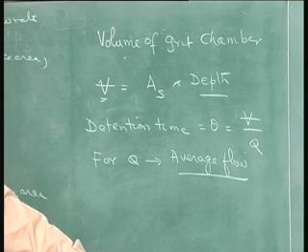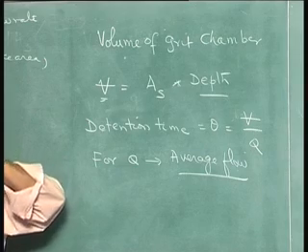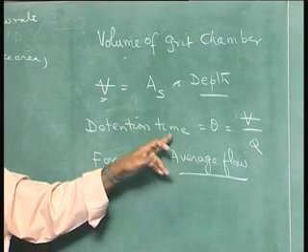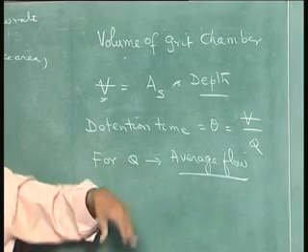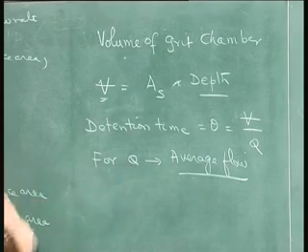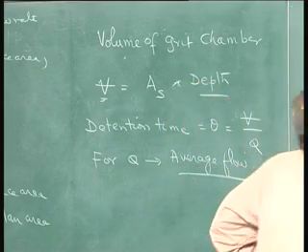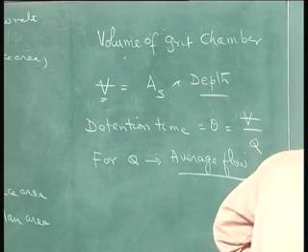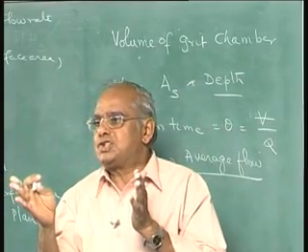For average flow I can calculate it. Then once I calculate the detention time and also the volume of the tank for the average flow, what I need to do is find out whether this particular system is going to work for peak flow, because you know very well that the flow is not always average.